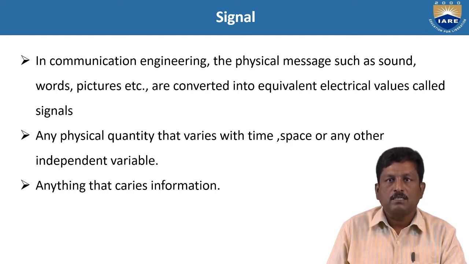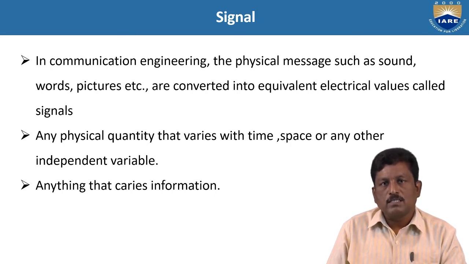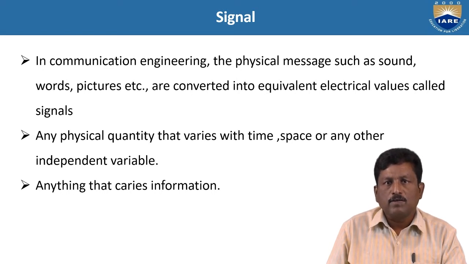After modulation by the transmitter, it is called the modulated signal. The modulating signal, or baseband signal, is the initial signal. After modulation, we have the modulated signal. At the receiver side, after the demodulation operation, we get back the original modulating signal.